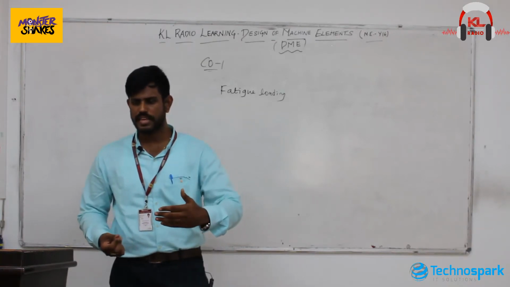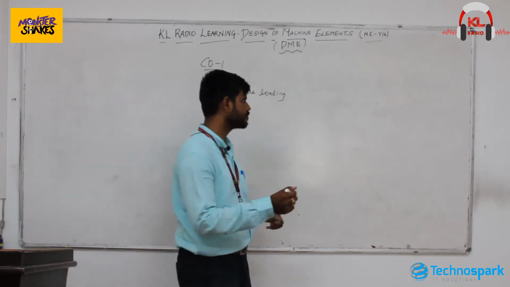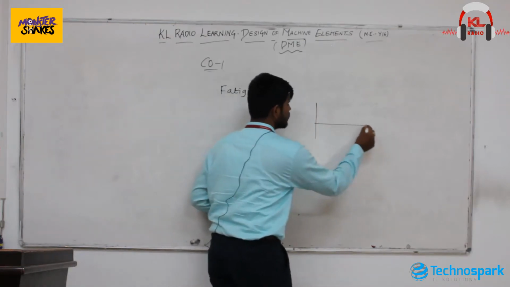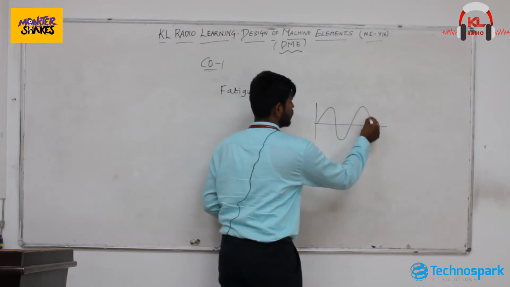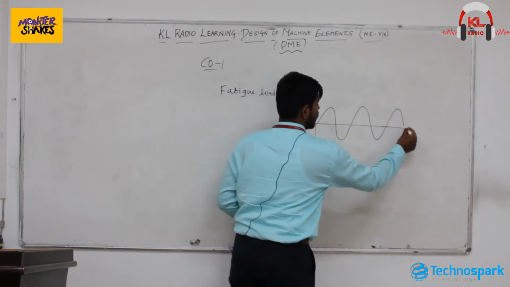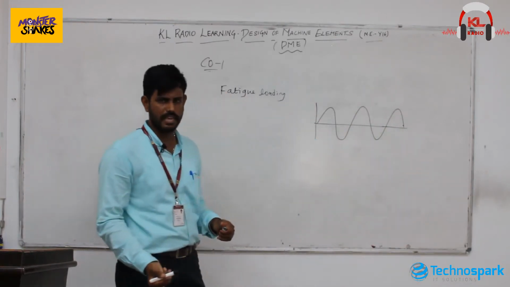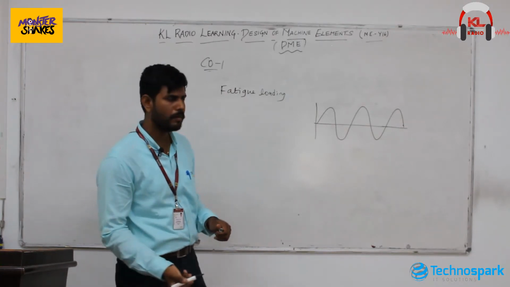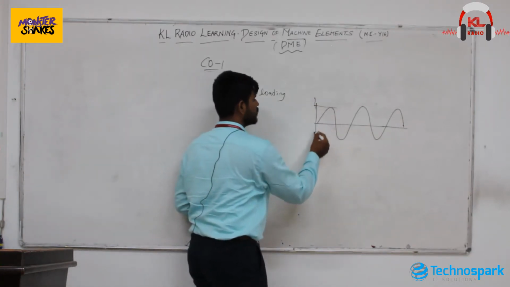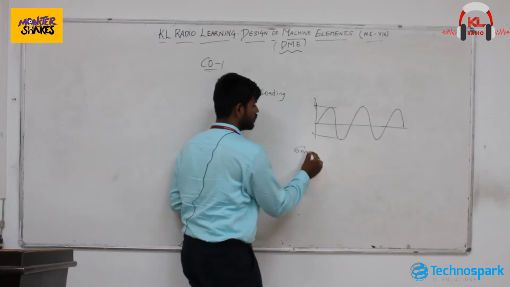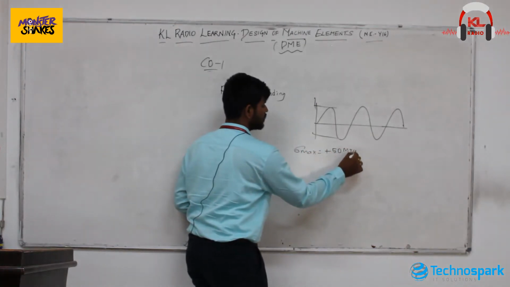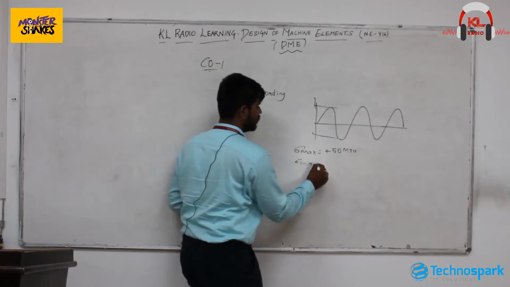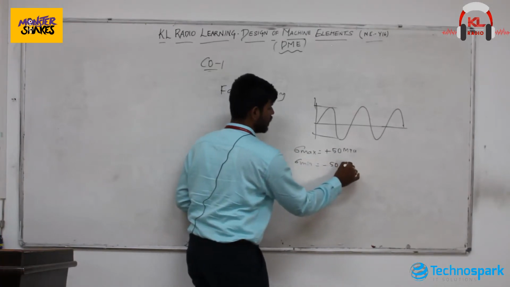If the load changes in such a way that the maximum and minimum are the same, that means sigma max is equal to plus 50 megapascals and sigma minimum is equal to minus 50 megapascals.